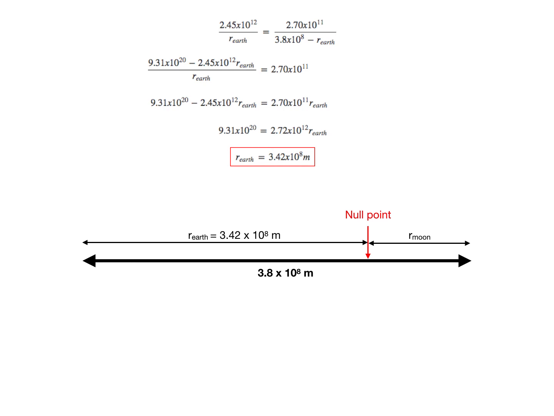We can see that it is most of the way to the Moon. That whole distance is 3.8 by 10 to the 8. The distance to get to the null point is 3.42 by 10 to the 8. So most of the way from the Earth to the Moon, you are going towards that null point. I hope that helps.